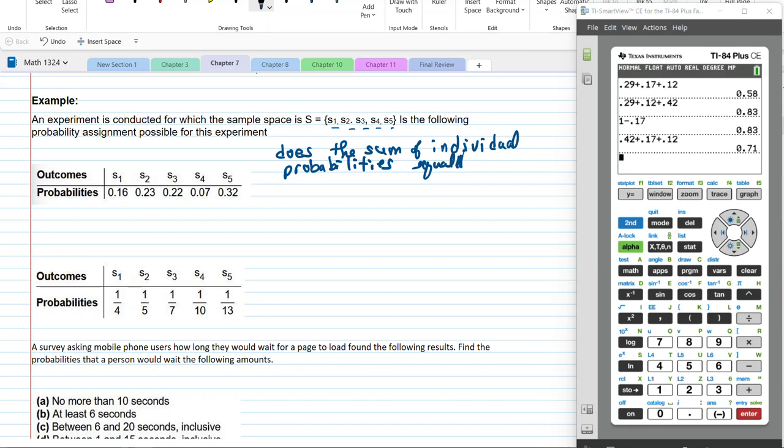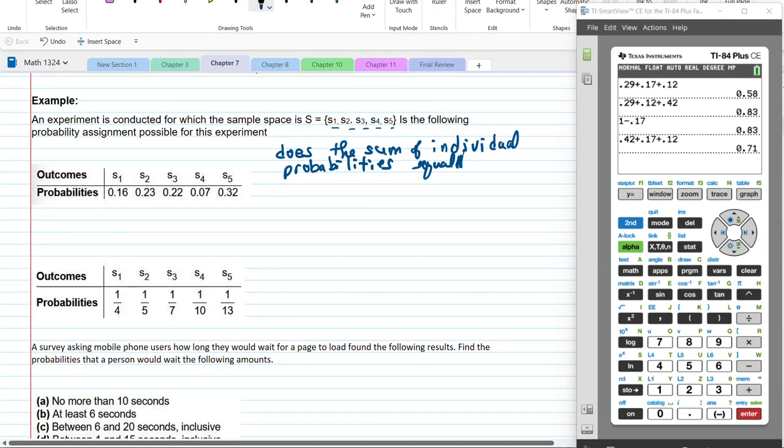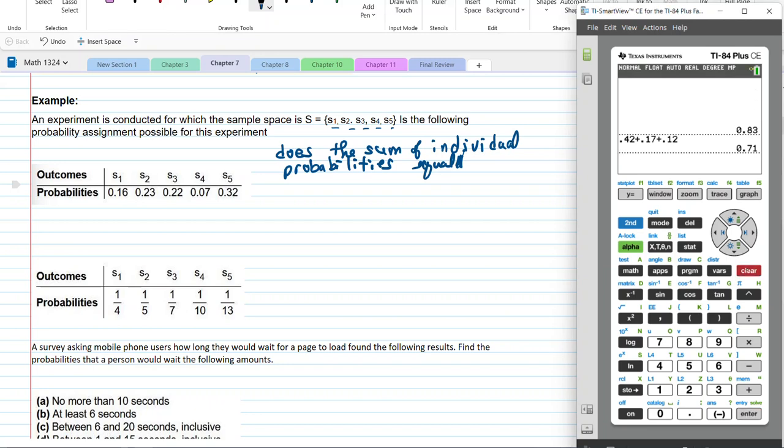All right, so we're going to take our calculator. Oh, I forgot to wear my glove. I got to put on my glove. I'm wondering why all these windows open. So we're going to use our calculator, and we're going to enter the decimals: 1/6 plus 2/3 plus .22 plus .07 plus .32.